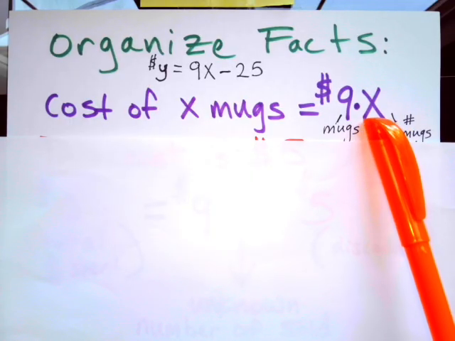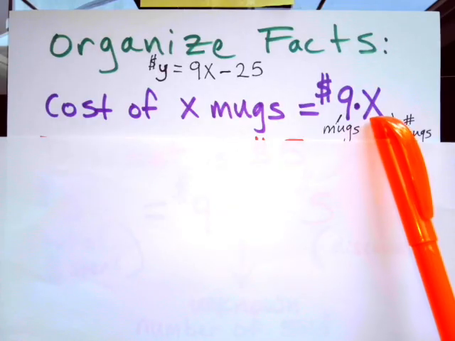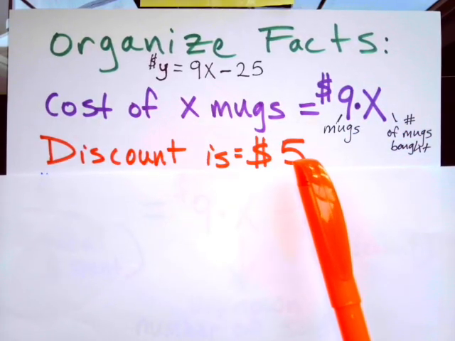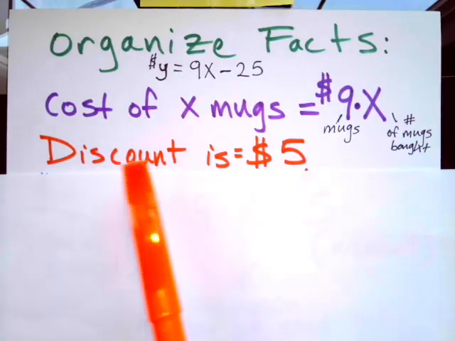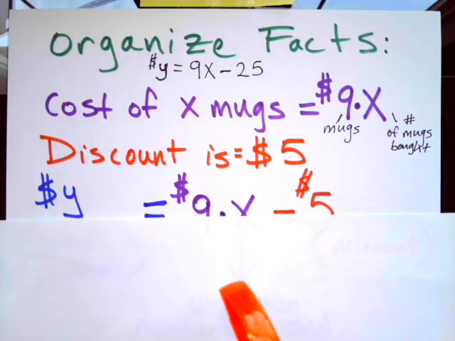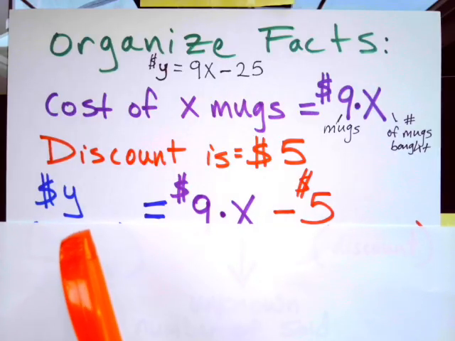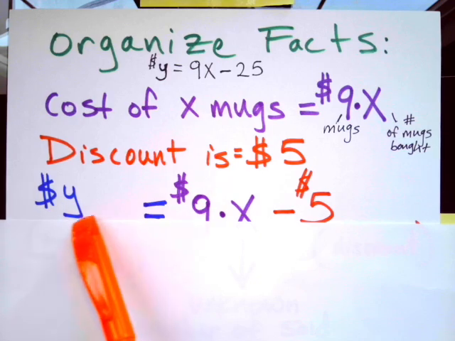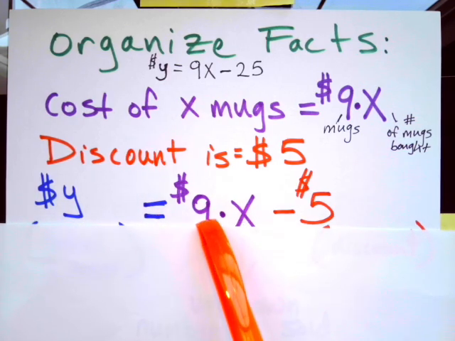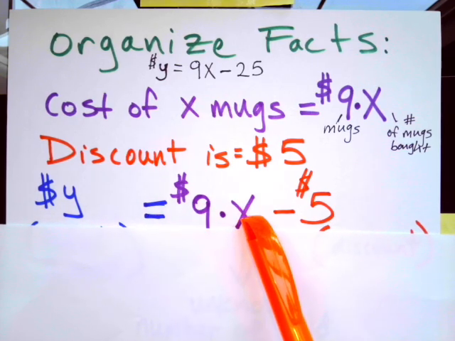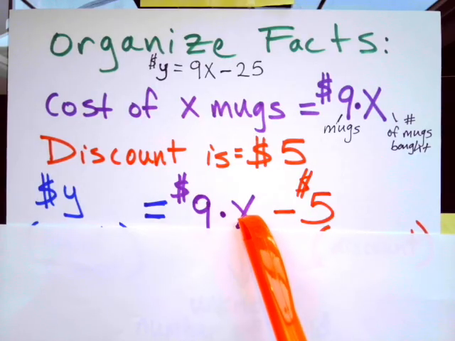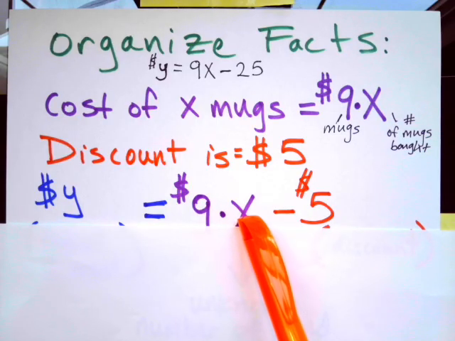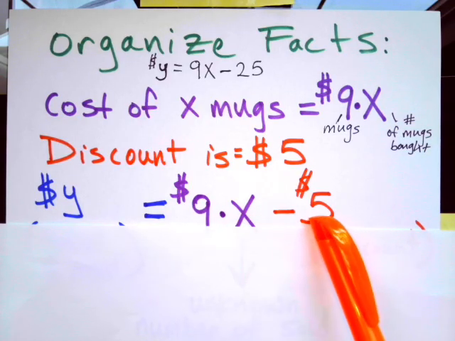That's the minimum amount this person would need to purchase in order to earn a discount of $5. So the $5 represents the discount. And so we have the equation here. The total money a customer would spend would be equal to 9 times x, where x should be 3 or greater number of mugs, in order to earn that negative 5 discount.